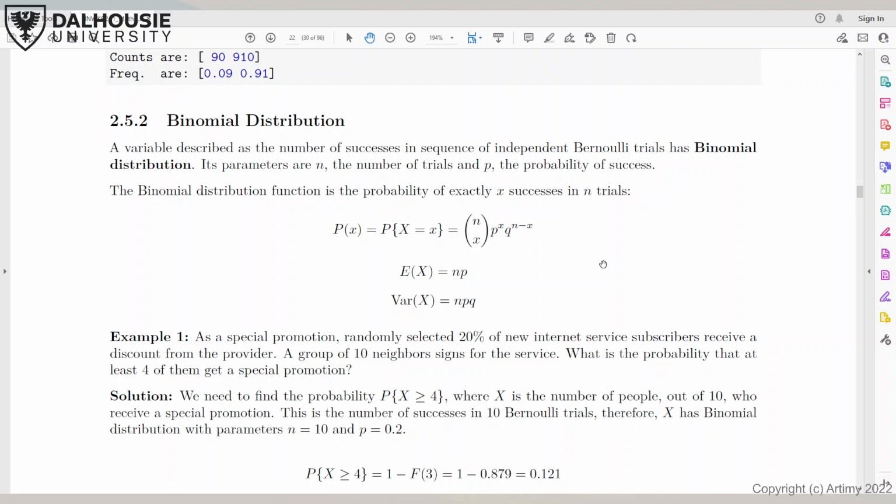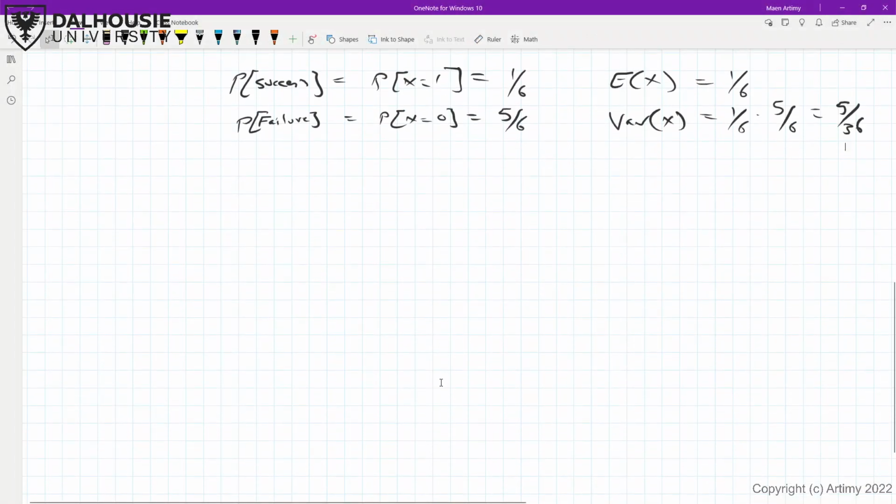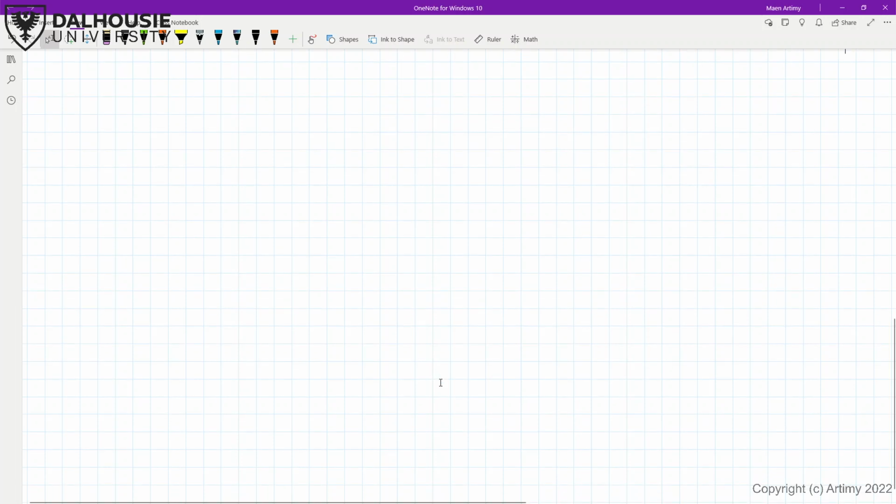It describes what we call X successes in N trials. So let's take a simple example and go back to the definition in the notes.